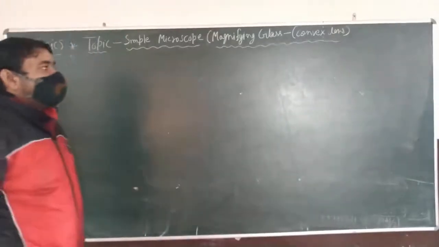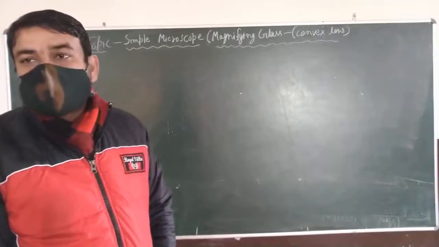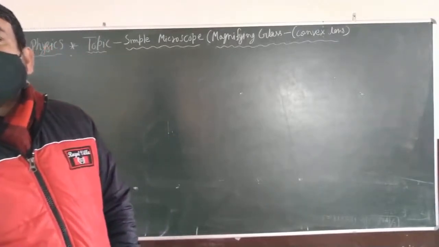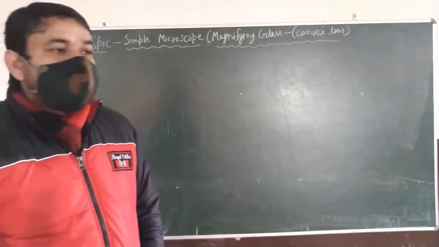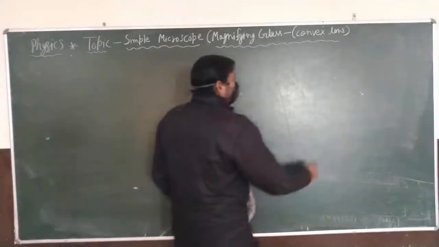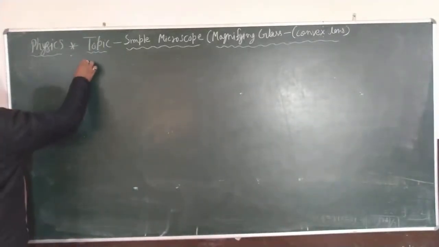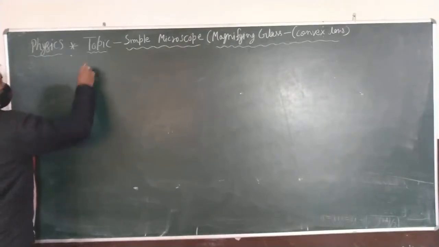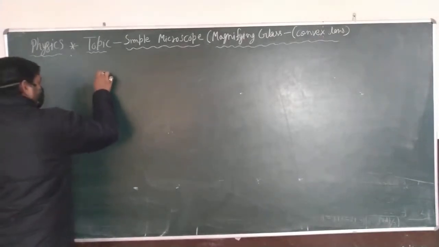Okay, students, next we will discuss the simple microscope, which is usually a magnifying glass made up of a biconvex lens.